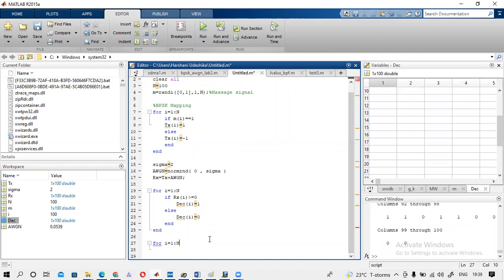Now for I equal 1 to n, I am going to compare my detected signal with the message signal. How can I compare? I am going to compare whether these are equal or not.